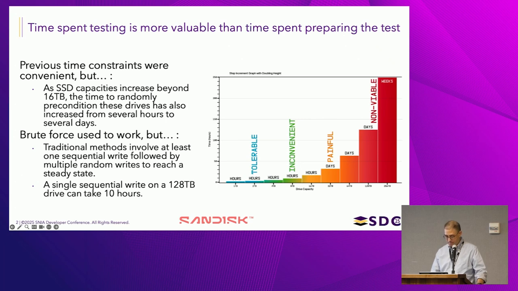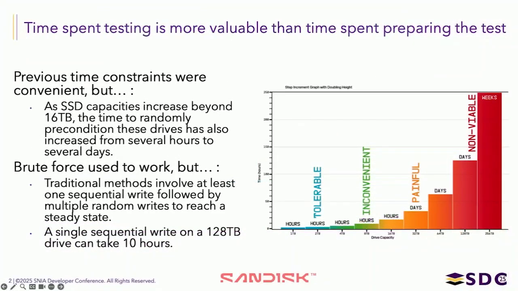But one of the things that we've seen in the last few years as we've accelerated in these very, very high capacity drives is that the time to do preconditioning of these drives has increased dramatically. Previously when we were doing 1, 2, 4 terabyte drives, the time to do a preconditioning was less than an hour, maybe an hour or two.